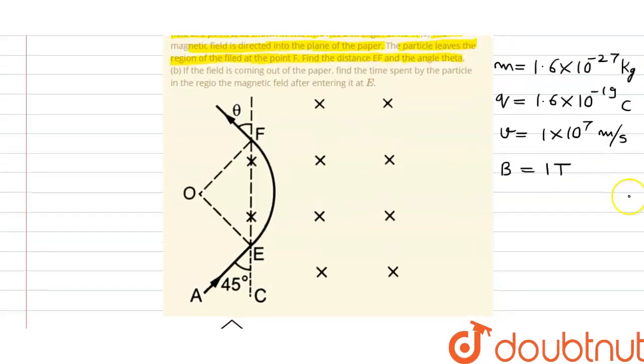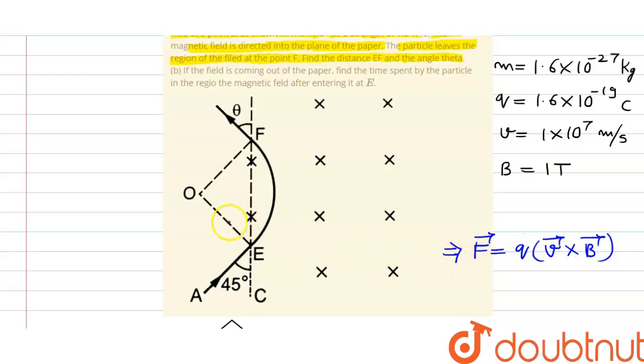So what happens is that if a particle is traveling perpendicular to the magnetic field, then a magnetic force acts on the particle, and this magnetic force is given by F equal to q V cross B. It is the force acting on the particle and it is perpendicular to the speed of the particle and perpendicular to the magnetic field.